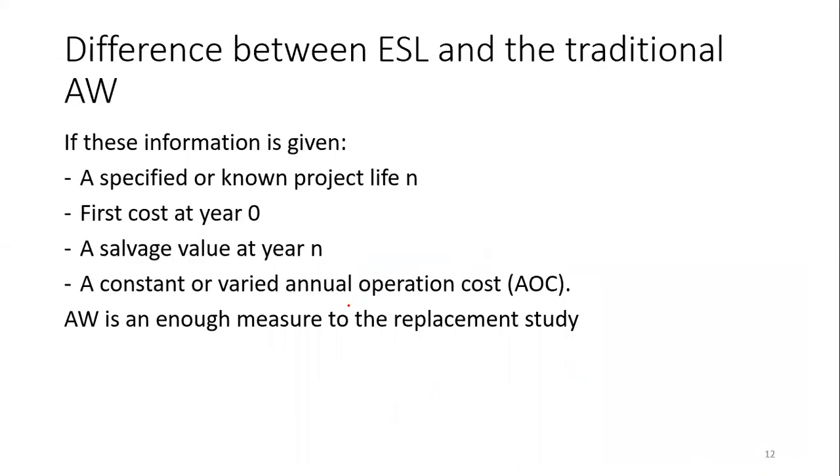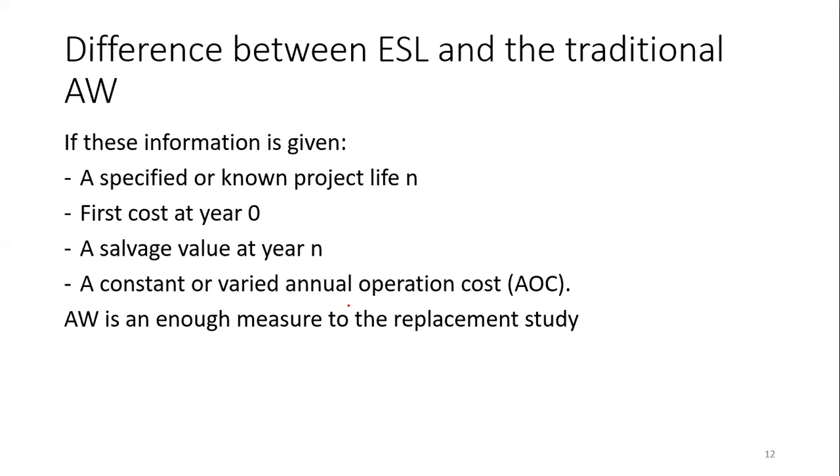So the difference between the economic service life and traditional annual worth is actually if the information is given, every data is given like a specified work or known project life, first cost at year zero, salvage value at year n. So a constant or varied annual operation cost.